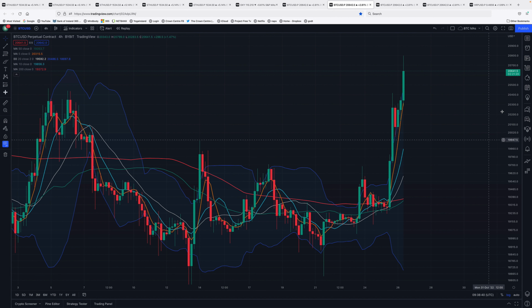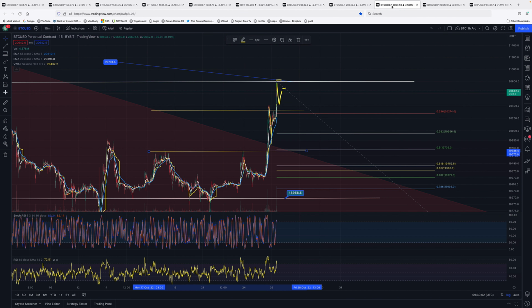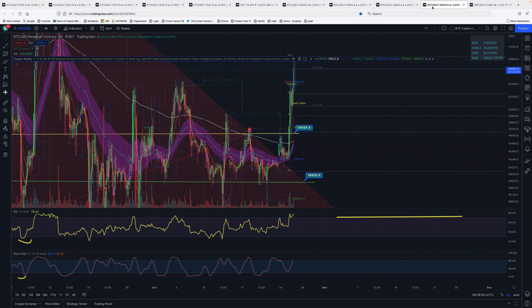Yeah, how can I say it? Once it confirms this W, then there are levels upwards that price action can go to. So I'm not sure this lift is complete.